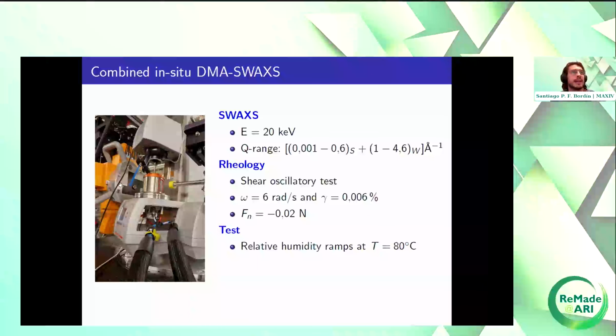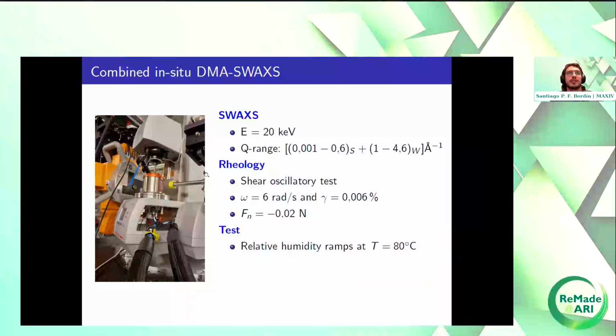This one here is the WAXS detector, and through this little window we can access the SAXS detector, which is under a vacuum tube behind the WAXS detector. These are the parameters that we use: 20 kV for the energy, then the Q range that we can cover. This is the SAXS range, and this is the WAXS range.